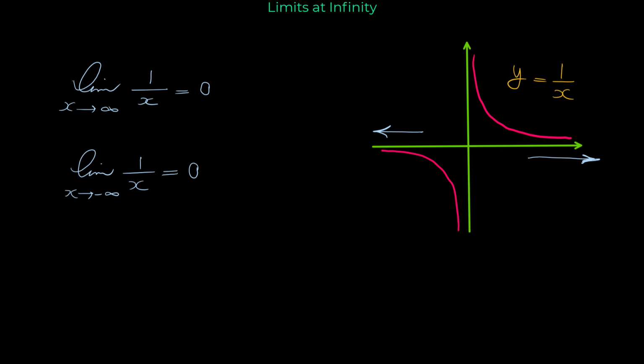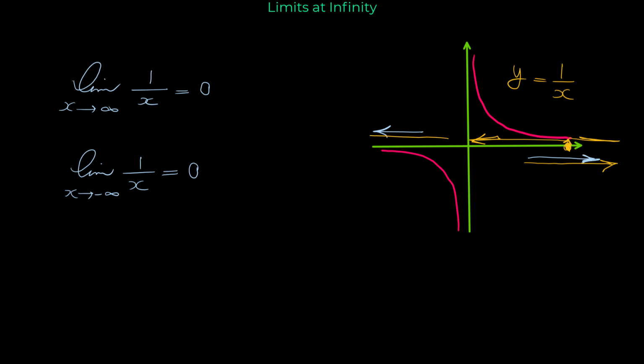For example, suppose here is a large number. As you can see, the y value of the function is a very small number. So as you can see, when we go far to the right, the y value of the function gradually approaches 0. The graph of this function approaches the x-axis.